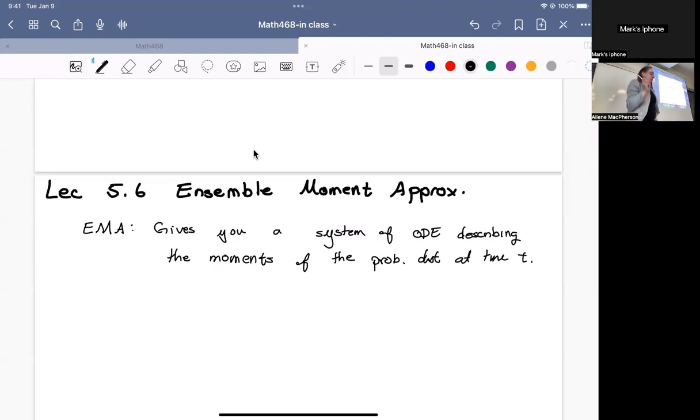I forgot to answer Mark's question. Mark asked a question earlier about when we were doing the SIR model, were we making the assumption that only one event was happening at a time? And yes, in both this approach and the master equation approach, we assume that only one event occurs at a time, and that's not even an approximation.